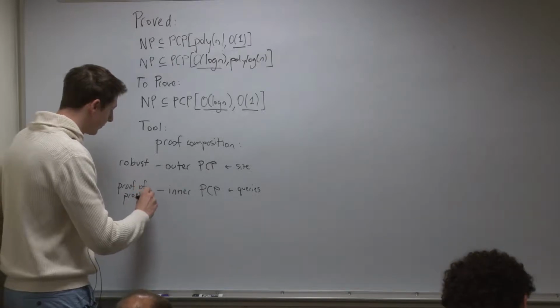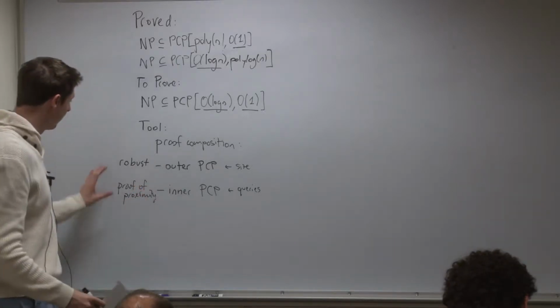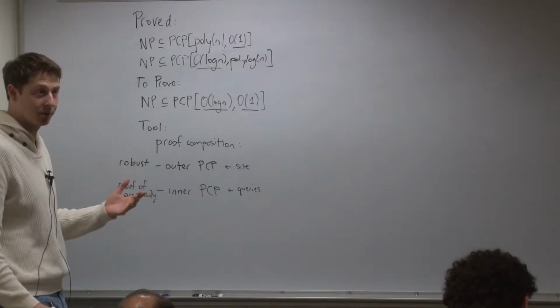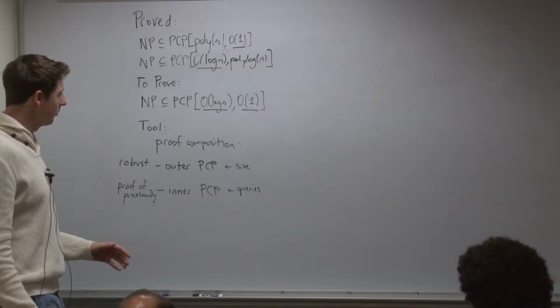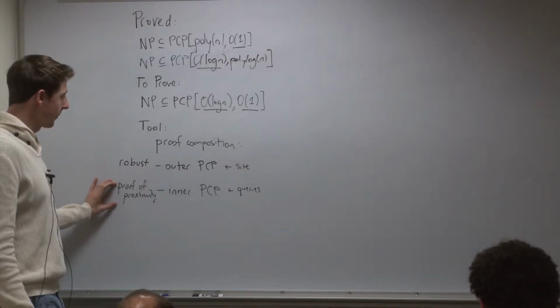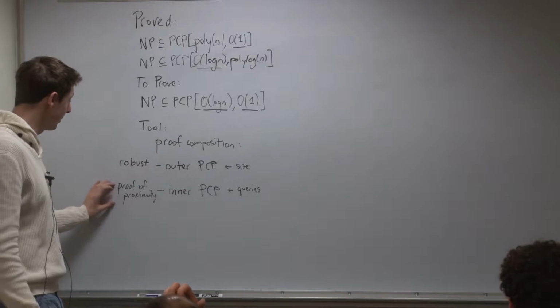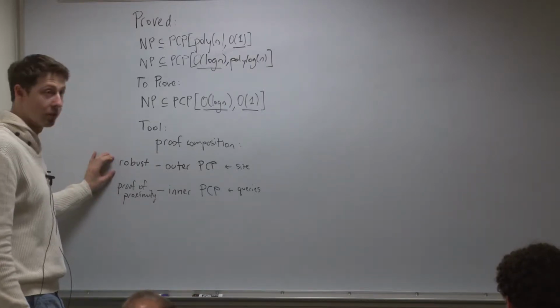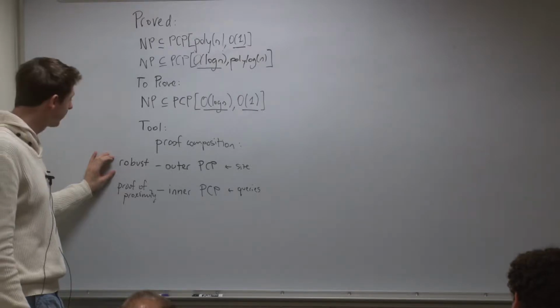So the plan now is to not question why we are needing certain properties; that will become apparent when we do proof of composition. What we will do today, I will tell you how to strengthen the notion of PCP to that of a PCP of proximity. Okay? Next time, I will tell you how to strengthen the notion of PCP to be a robust PCP.